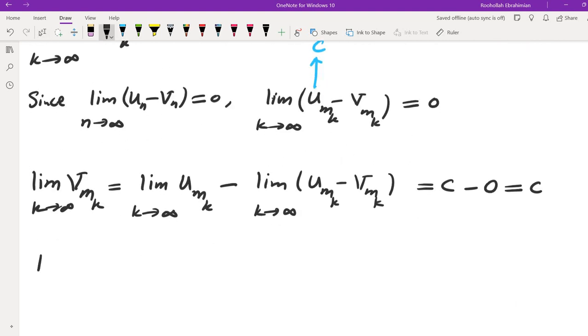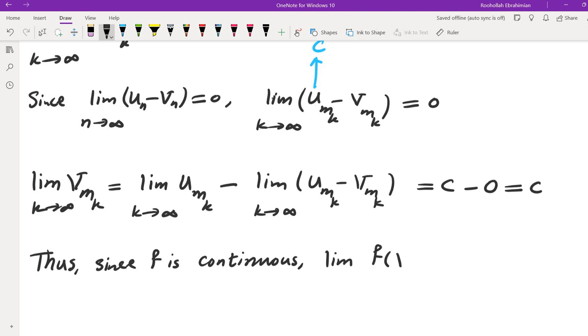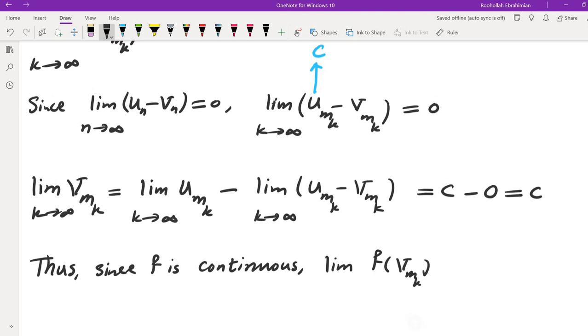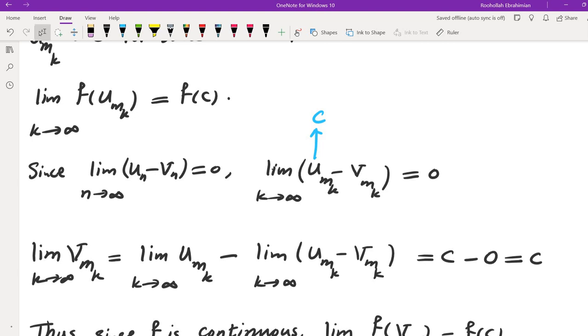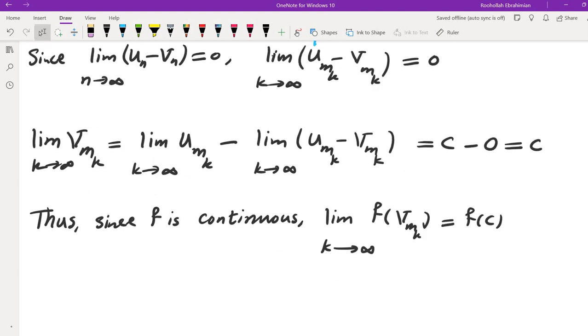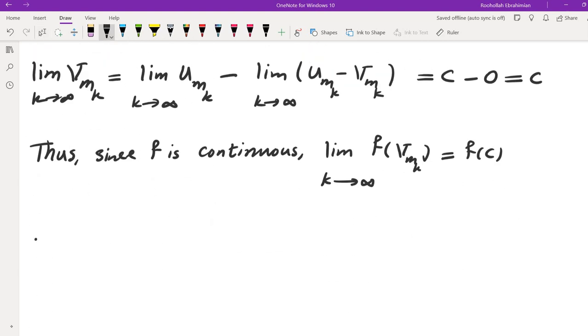So now again, since f is continuous, the limit of f of v m k is also f of c as k approaches infinity. So we showed f of u m k approaches f of c, and f of v m k approaches f of c as well.